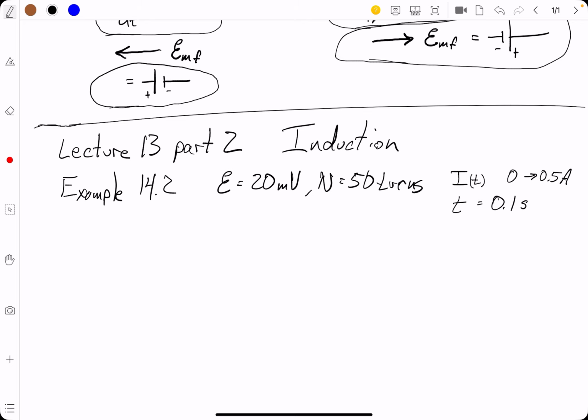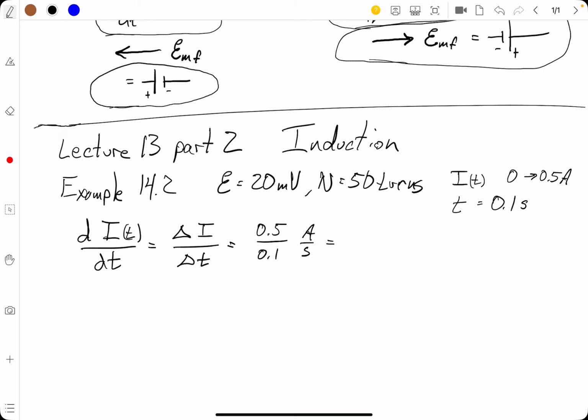So we can do our di/dt, we can basically just go like this, delta I over delta t, and we'll get our 0.5 divided by 0.1, and then we're left with amps per second.